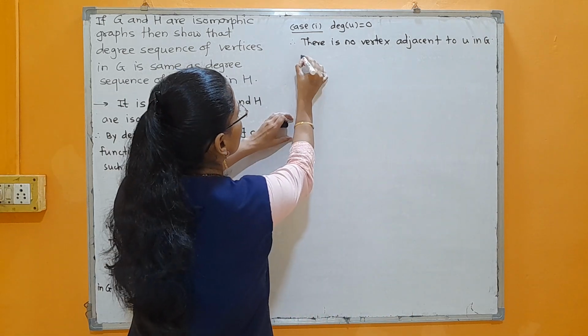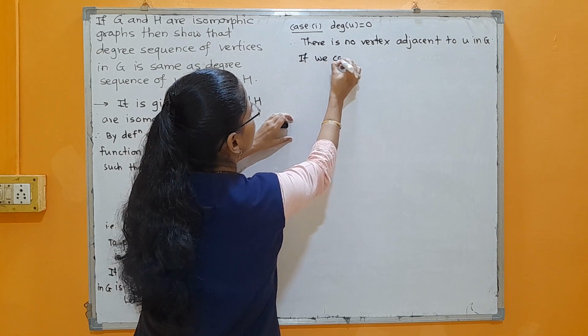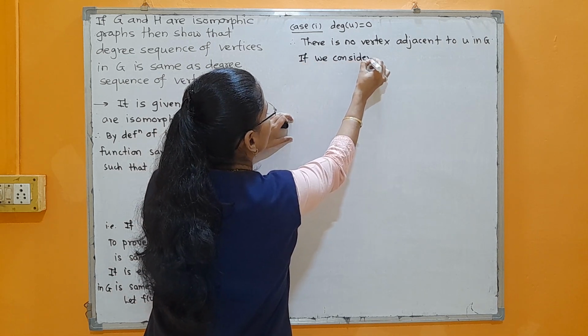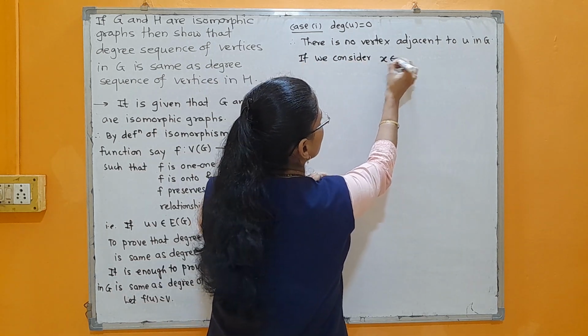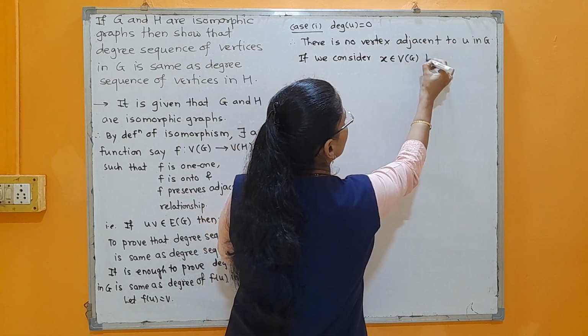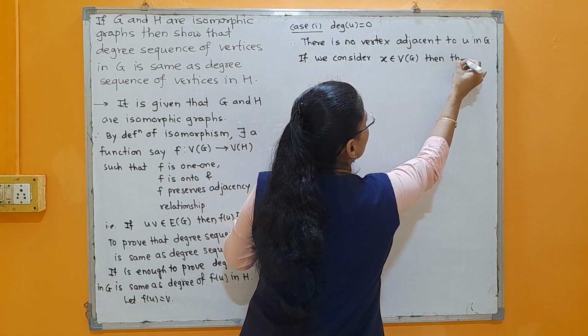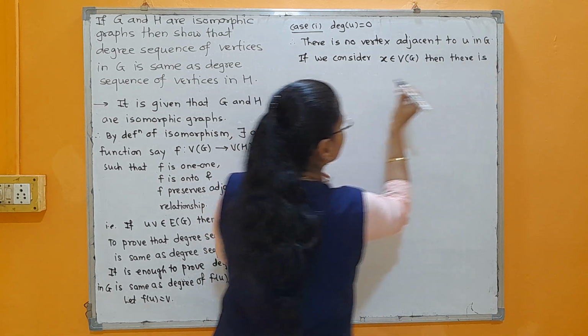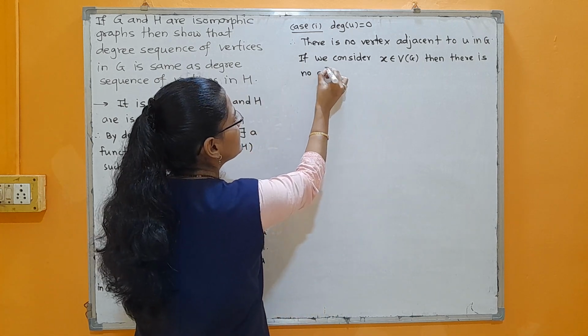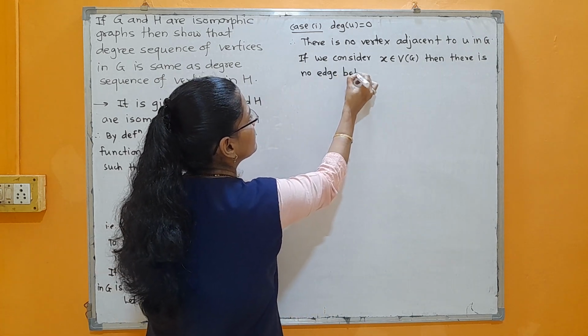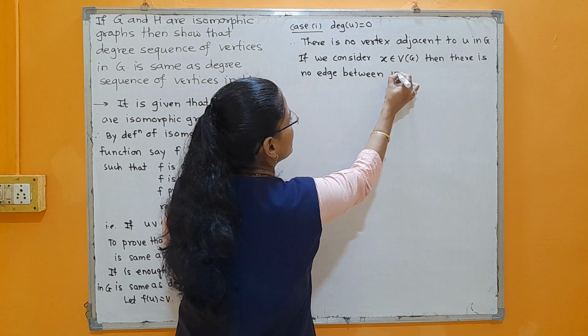So if we consider x belongs to the vertex set of G, then there is no edge between u and x.